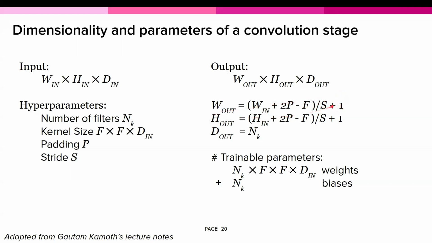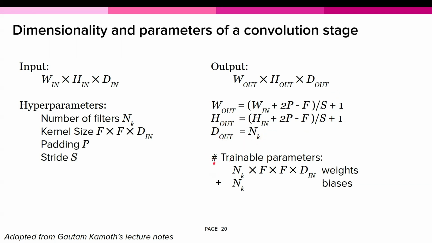So that's the size of the output. And then the height of the output is determined similarly, assuming a square kernel and the same stride along the width and the height. As I said before, the depth of the output is the number of kernels that you've specified.